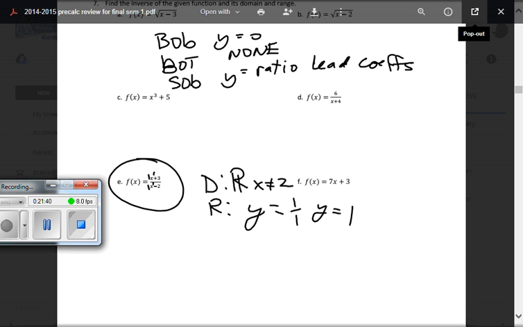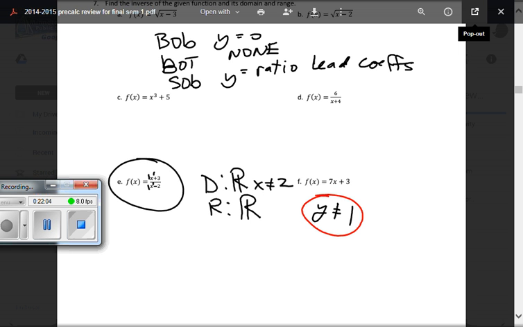Okay, so that means what? That means that it can be everything except y equals 1, which is an asymptote, so y cannot be allowed to be 1. So I just figured out what's allowed for the range: everything except the horizontal asymptote.